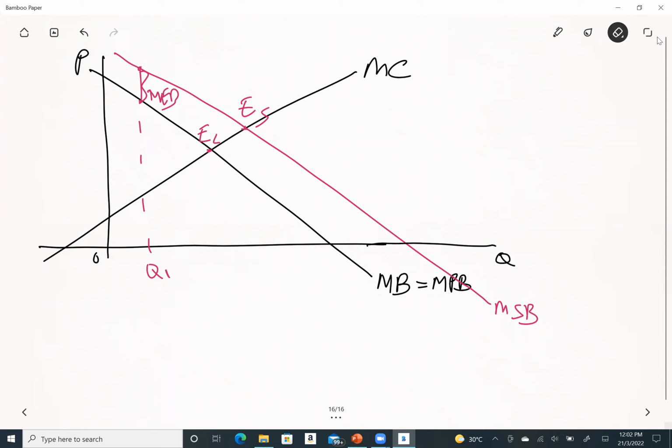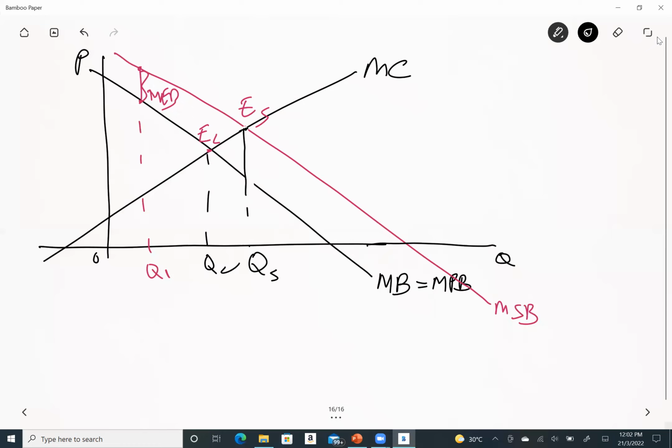The equilibrium quantity has increased. QS is higher than QC. So you do the comparative statics. I'm not going to do it now. You have to do it yourself. We have done this a few times, so by now, we should be able to do it.